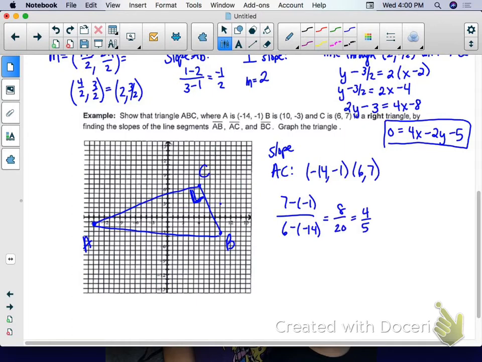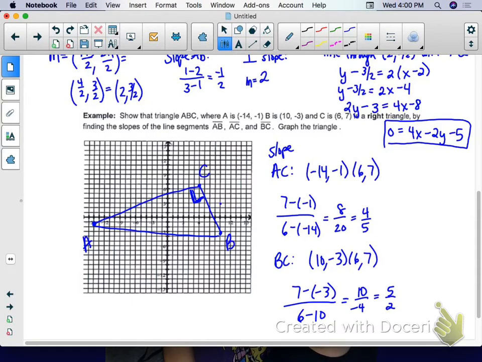Okay. Then we have, let's see, BC. And BC is (10, negative 3) and (6, 7). So 7 minus negative 3 over 6 minus 10. That's going to be 10 over negative 4, which is negative 5/2. Hold on. Back up to our 8 over 20.